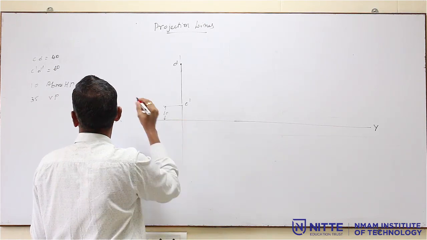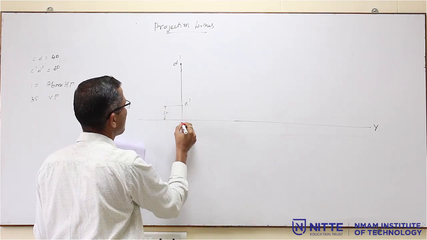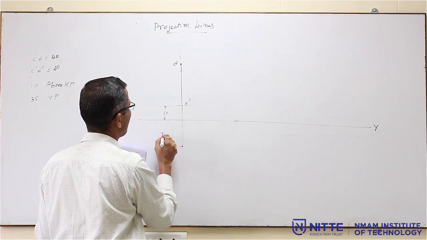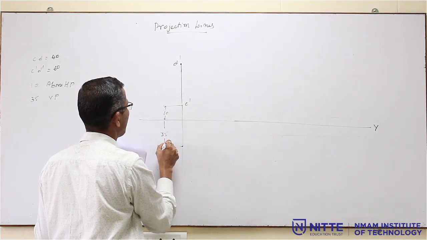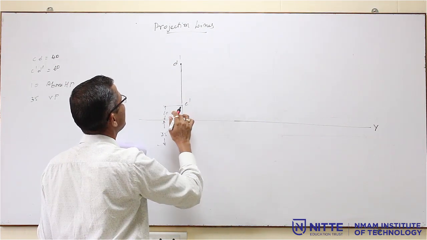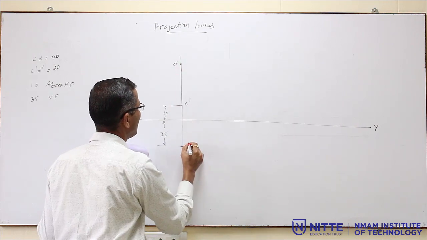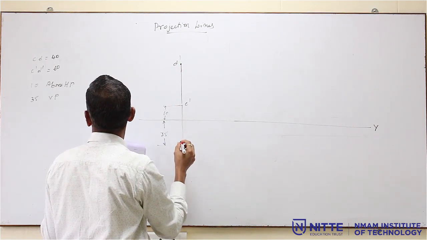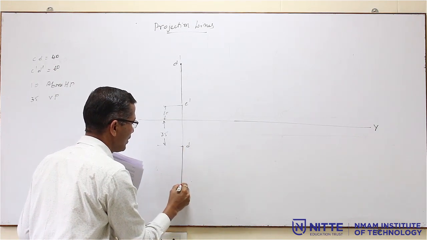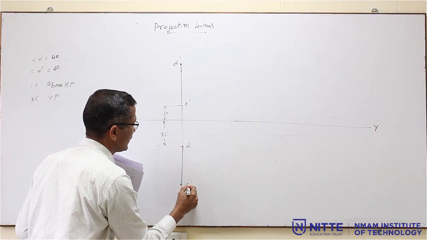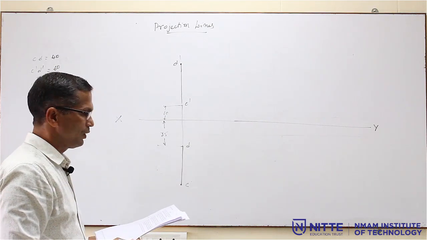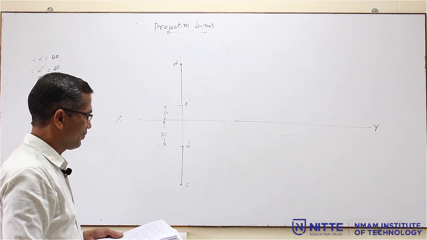From here I will measure a distance of 35 mm, and I will call this the other end, because C is 10 mm above, so this becomes D. From here the top view length is given, so from this point you measure a distance of 40 mm and call this C. So, this is the front view and top view.